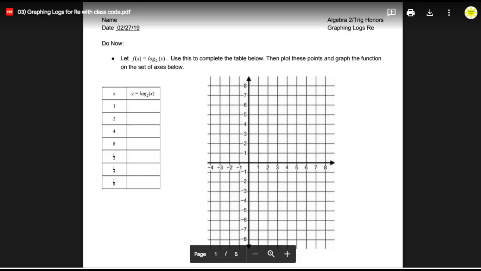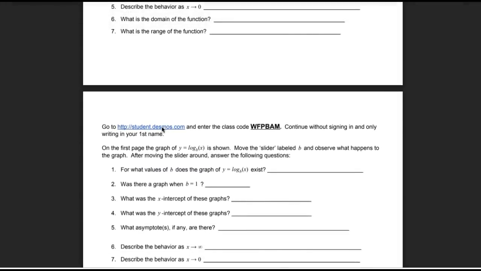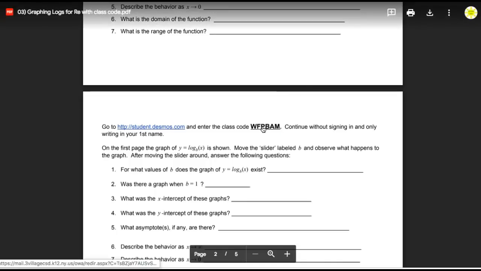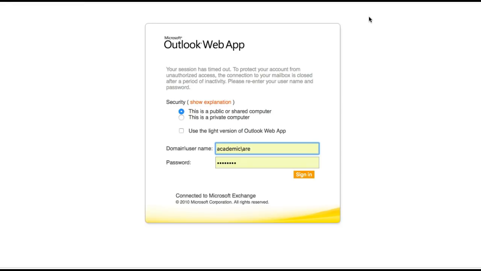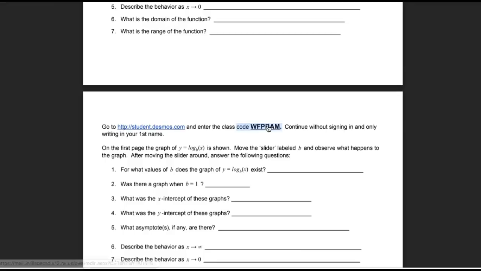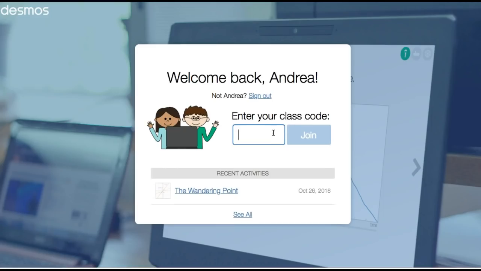And on our link, when you go to this link here, it asks for a code, and you guys are going to use this code. Let's see if it will let me highlight copy. And you're going to use that code.